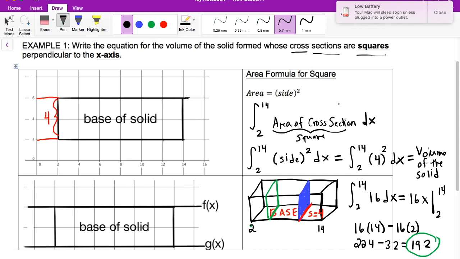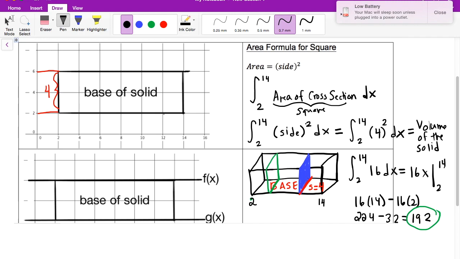So just to prove to you that this method of integration actually works, I'm going to also find the volume using the volume formula for rectangular prisms. The volume of a rectangular prism is always length times width times height.